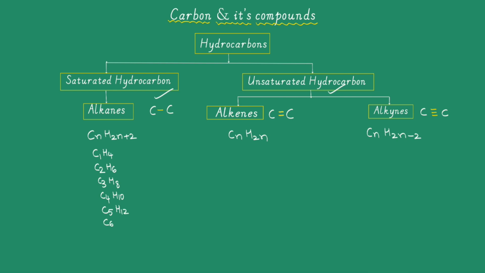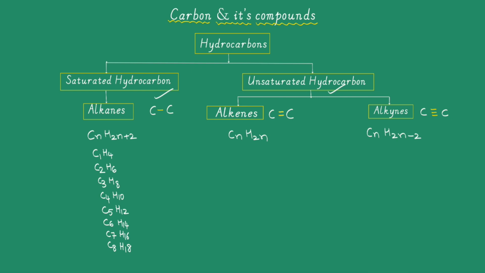C6, double is 12, add 2, 14. C7, double it, 14 plus 2, 16. C8, double is 16 plus 2, 18. So like this, all these are molecular formulae of alkanes.